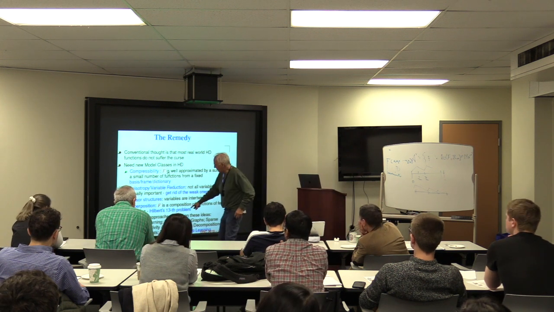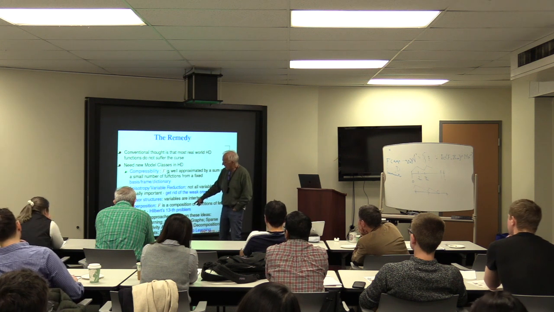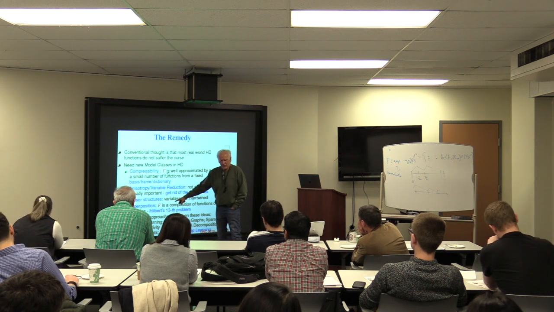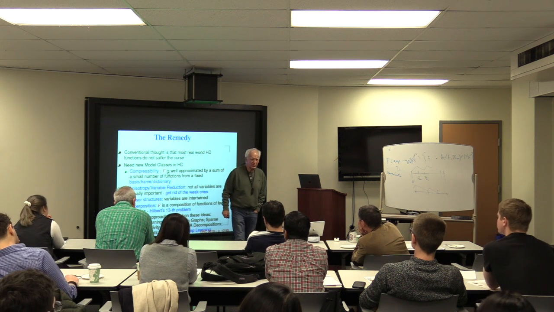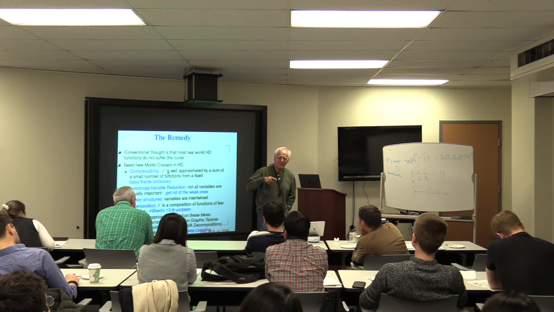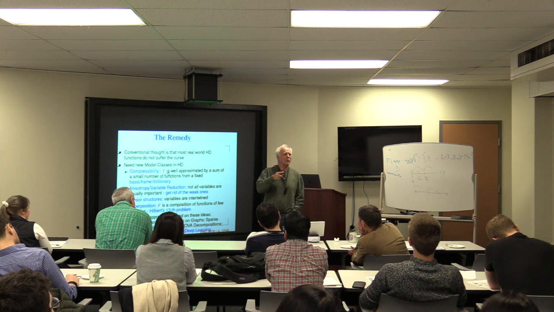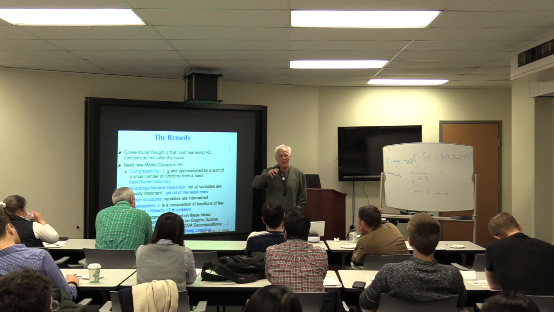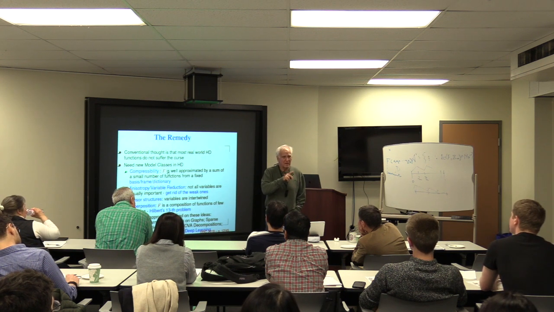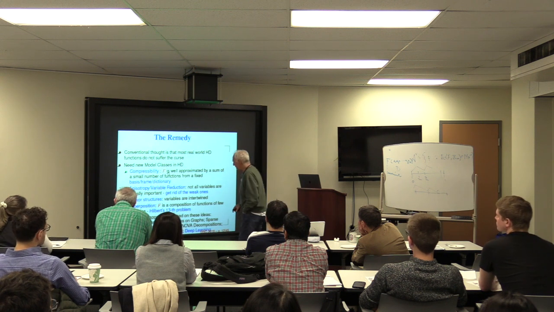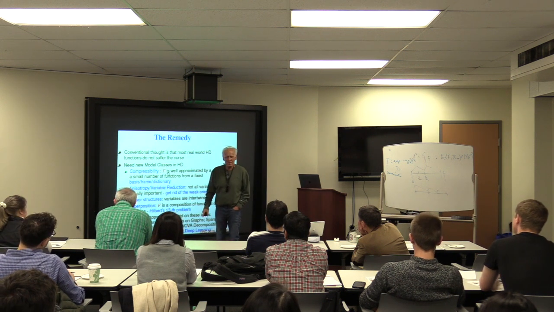Well, there's a general theorem that any function of capital D variables can be written as a composition of functions with fewer variables. Now, I don't want to get into the exact description. This was Hilbert's 13th problem.